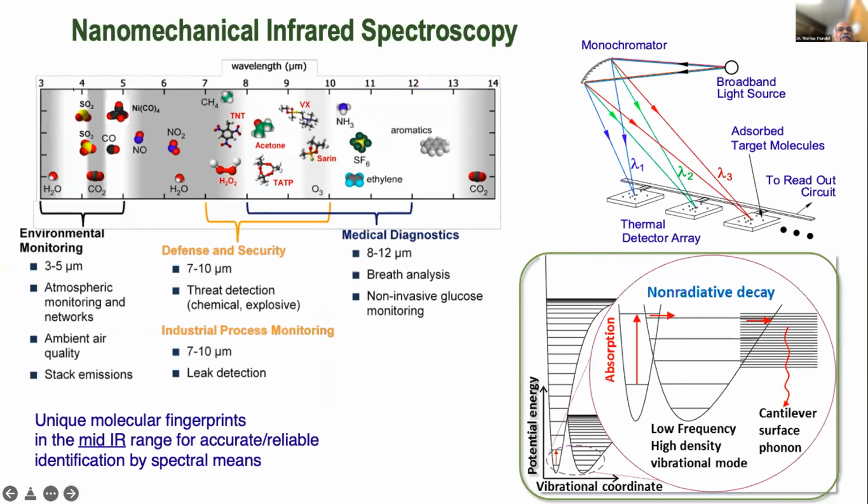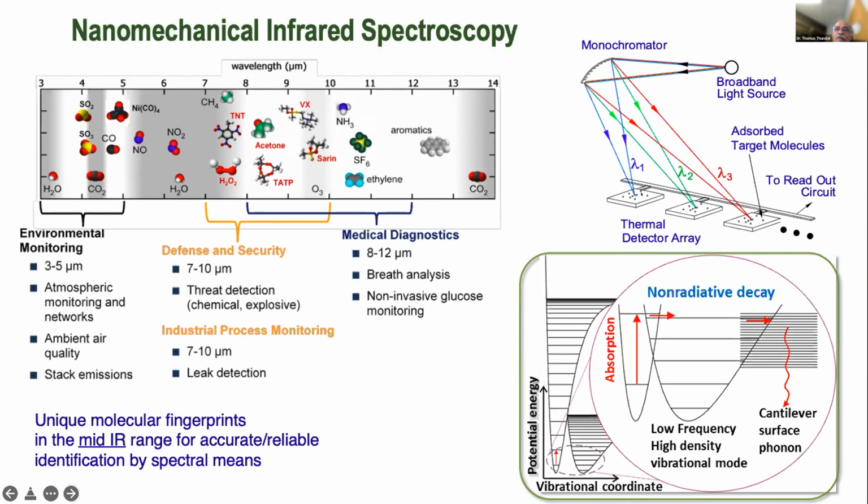So we used this approach to look at molecules, because in the mid-infrared range, 3 to, say, 14 micron, these molecular vibrations are free of overtone. So we can basically identify the compounds using this concept. The only thing we have to do is expose the cantilever to different wavelengths and scan it, or you can have different cantilever arrays and then use a grating to expose different wavelengths to different cantilevers.